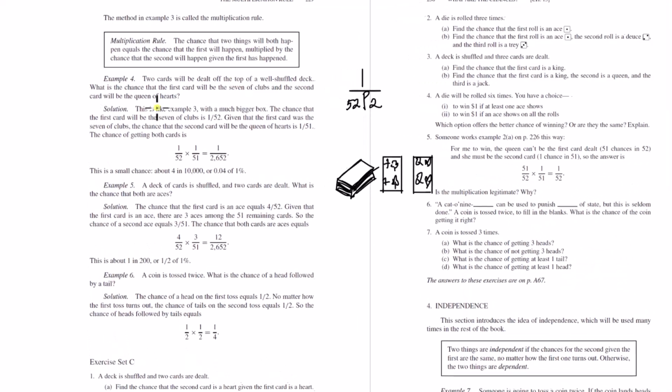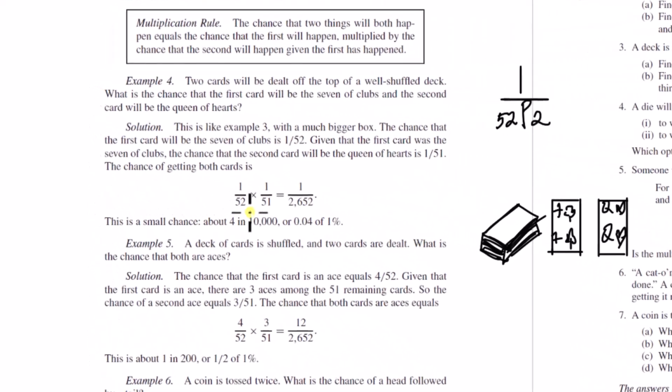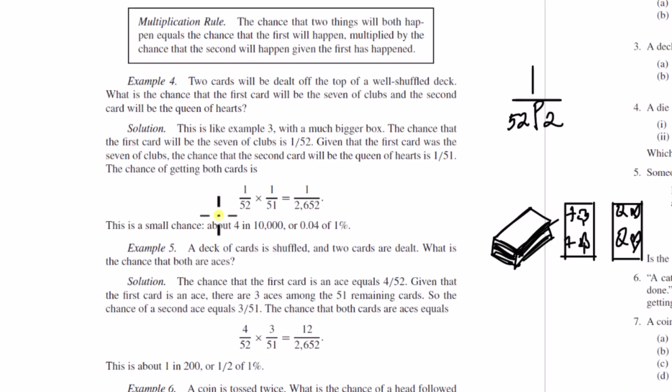Now, all they did was, when it came to the probability rule, they had the probability of picking the 7 of clubs first, that's 1 in 52, and they multiplied that by the probability of picking the Queen of hearts second, 1 in 51. All you're doing there is looking at the total number of events.